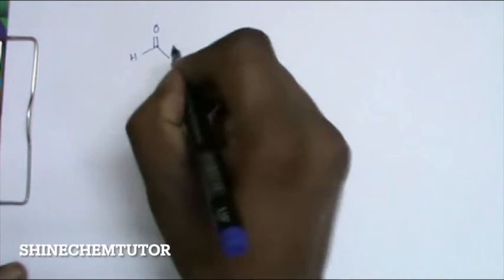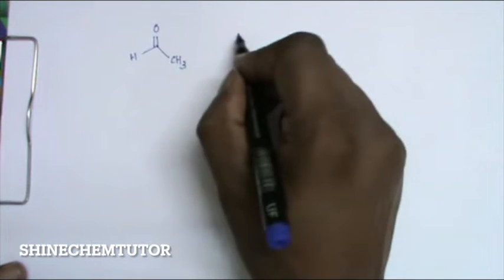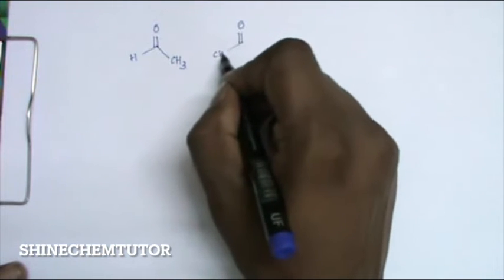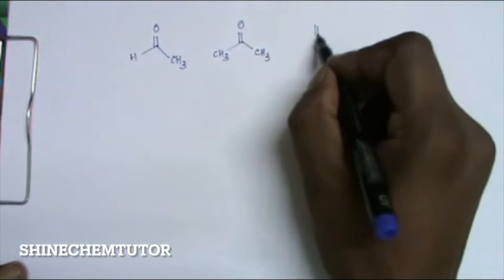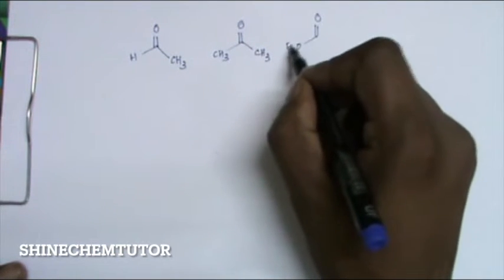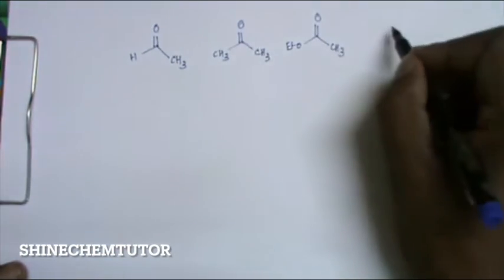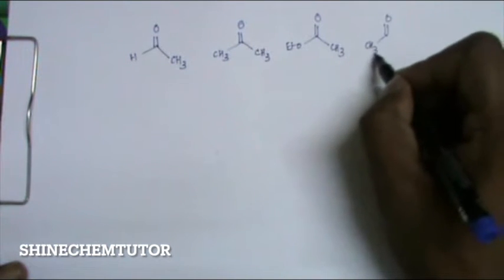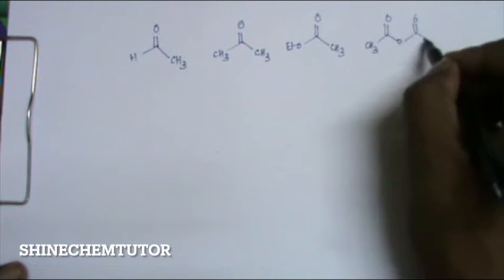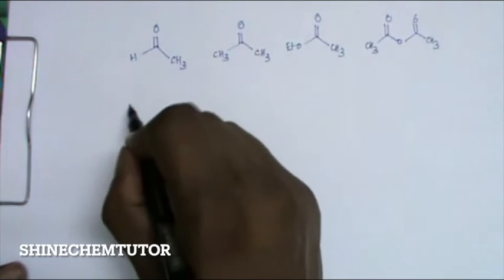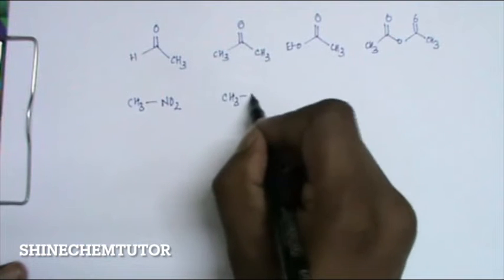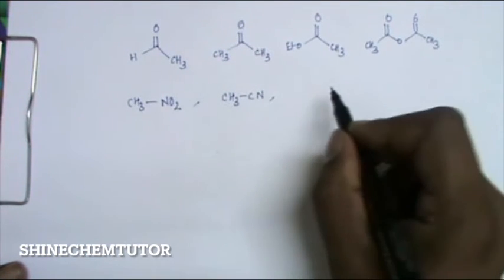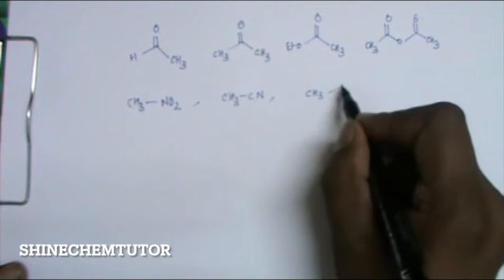So based on this, I can say the alpha hydrogens in aldehyde, ketone, ester, anhydride, NO2, nitrile, and even amide.